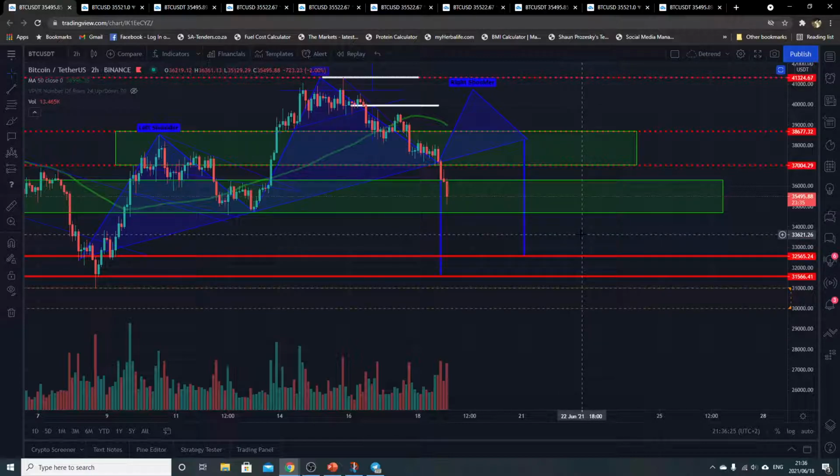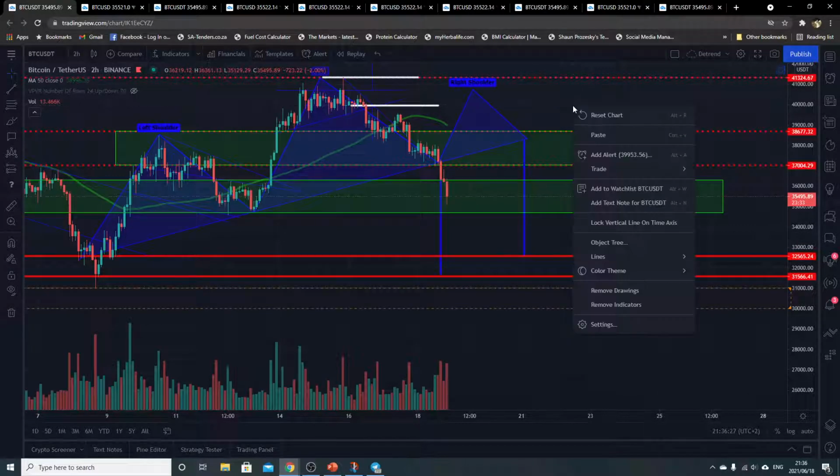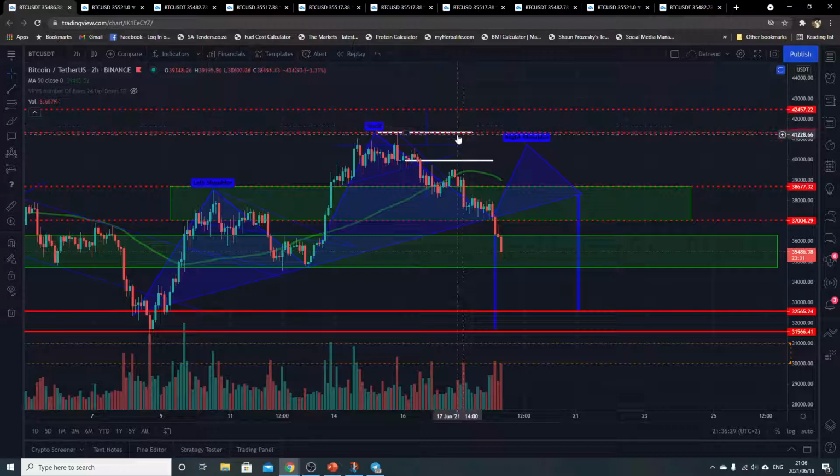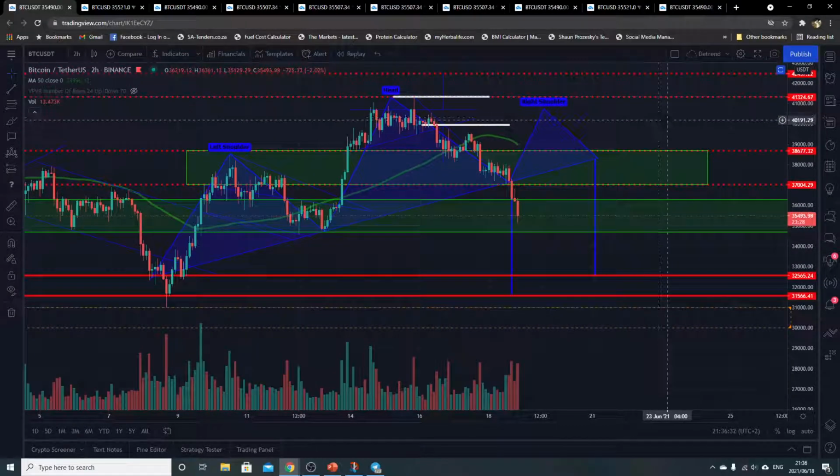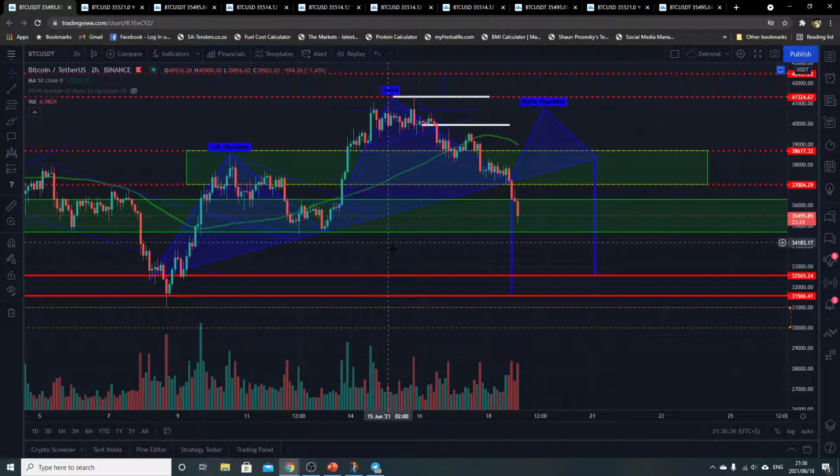Okay, which is risk management, guys. I'm now waiting for this take profit area, that take profit area, and then finally, hopefully, this take profit area.